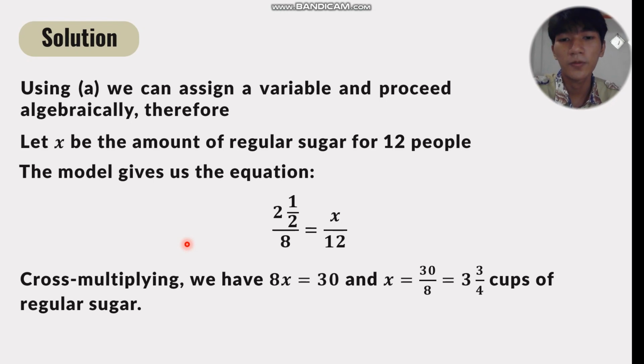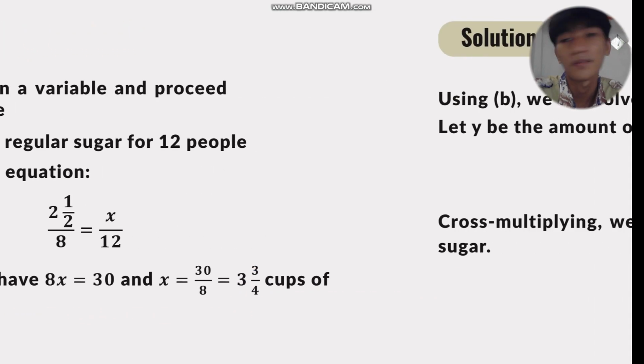Cross multiplying, we have 8x is 30, and x is 30 divided by 8, which is 3 3/4 cups of regular sugar.